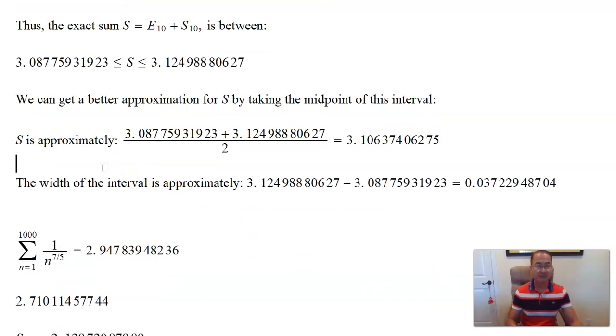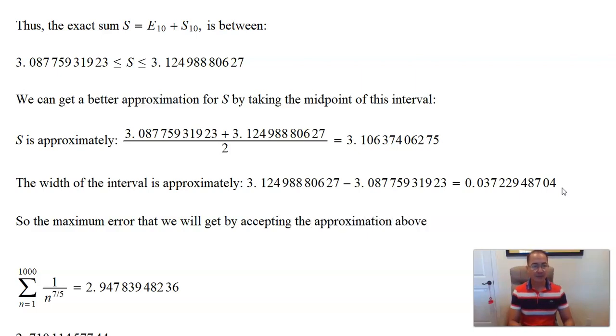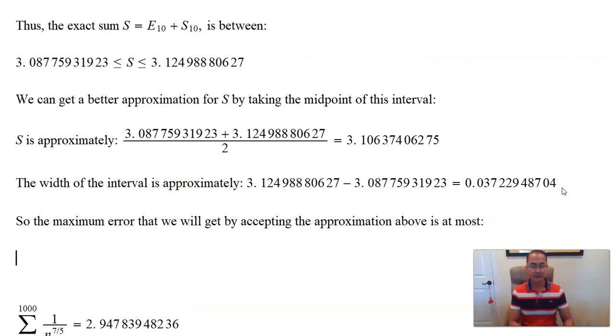All right. So that is a better approximation for our exact sum of the series, which, by the way, nobody knows. We could find the exact sum of a geometric series, convergent geometric series, or a telescoping series. This one is neither. Nobody knows the exact sum of the series. But the width is this much, so the maximum error that we will get by accepting the approximation above is at most half of this interval.